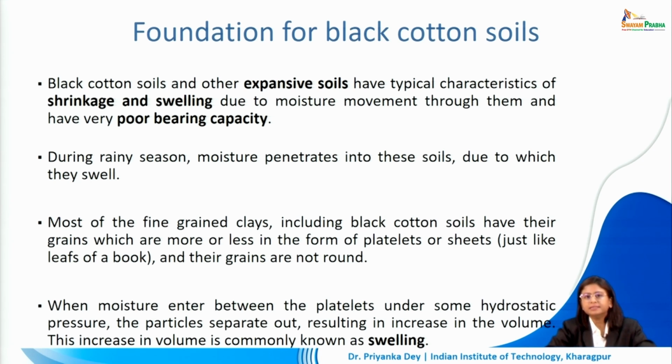During the rainy season, the moisture penetrates into these soils, as a result of which it swells up, mainly because this type of fine-grained clay has grains in the form of platelets or sheets rather than in a round format. So when moisture enters into these platelets, in hydrostatic pressure, the particles separate out, increasing in volume. Now this increase in volume, which happens in the rainy season, is called swelling.